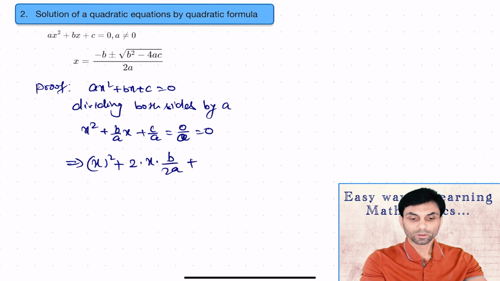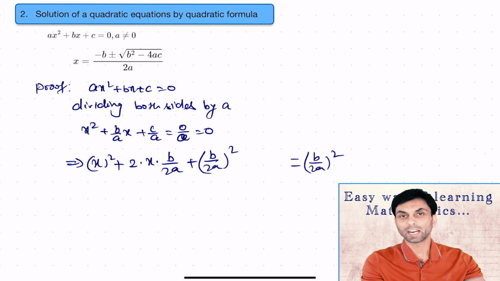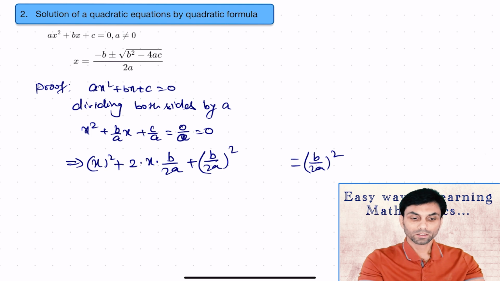Then we will add b upon 2a whole square to both sides. As we know, we can add or subtract the same term on both sides of equality. And this is c upon a.